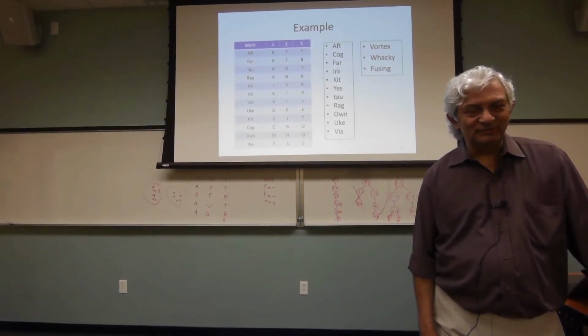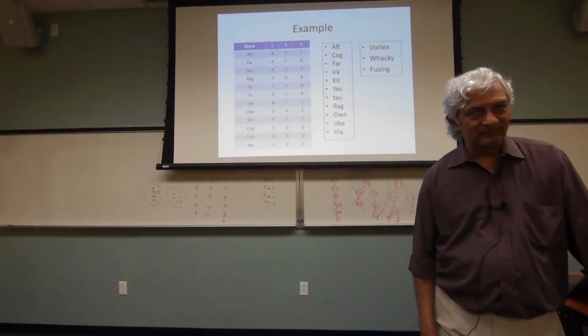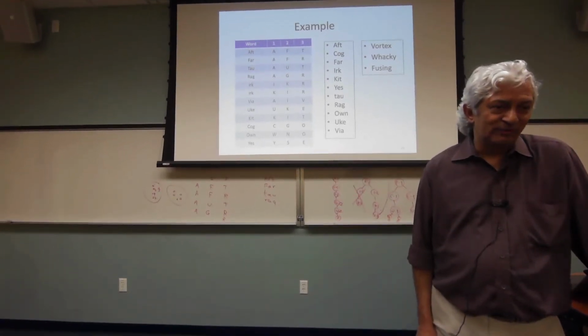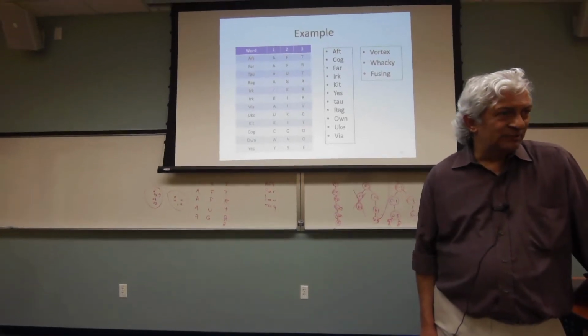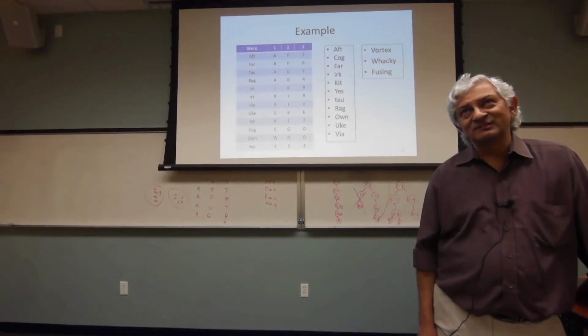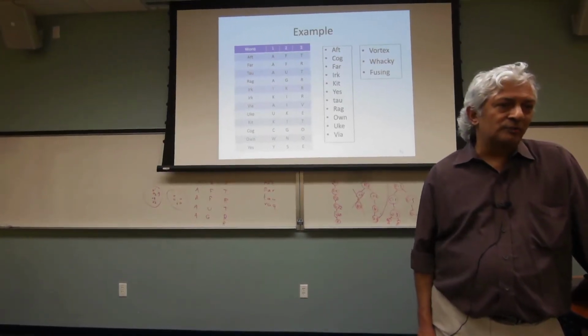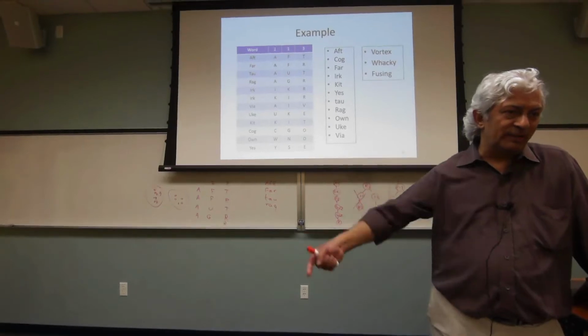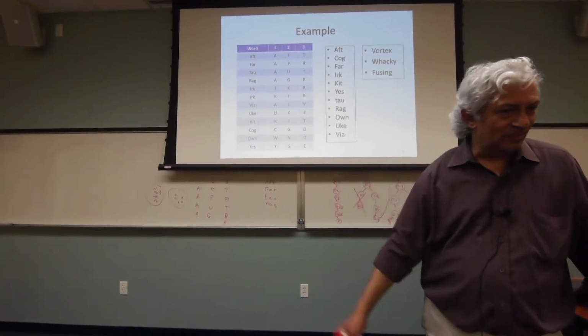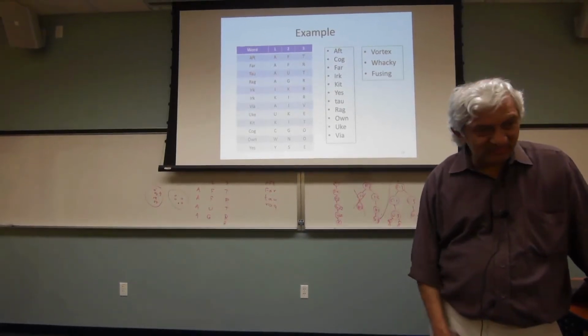But 18 choose 6 is already too much. 18 choose 6 is roughly 18 to the power 6, roughly, which is 20. So even if I take 15 to the power 6, even if I take 10 to the power 6, then you have to multiply it by another 10 to the power 6, another 10 to the power 6. I don't see that happening.